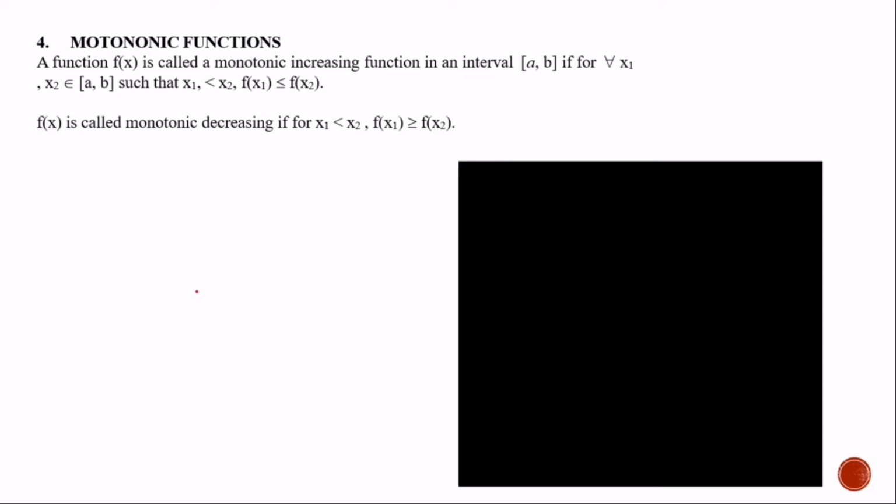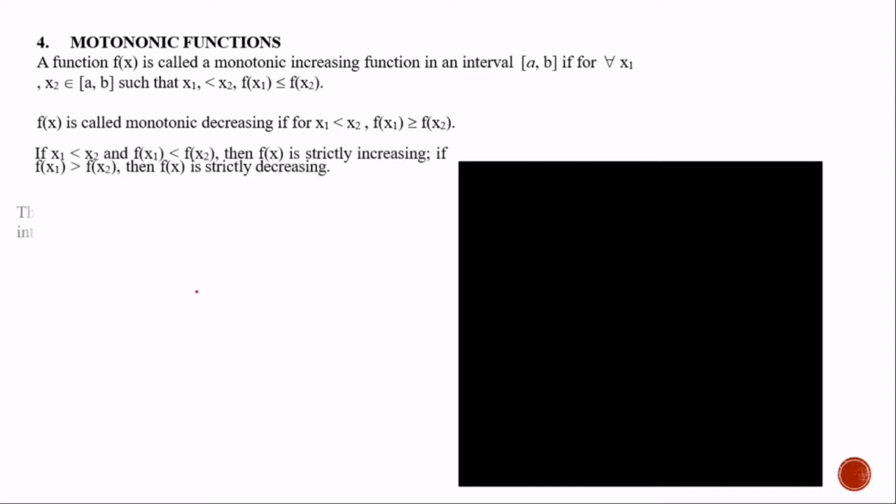It increases from the lowest to the highest, so 1, 2, 3, 4, 5. But the decreasing starts from maybe 10, 9, 8. Note that the monotonic increasing function can also be known as the monotonic non-decreasing function, and the decreasing function is the monotonic non-increasing function. You should know that.